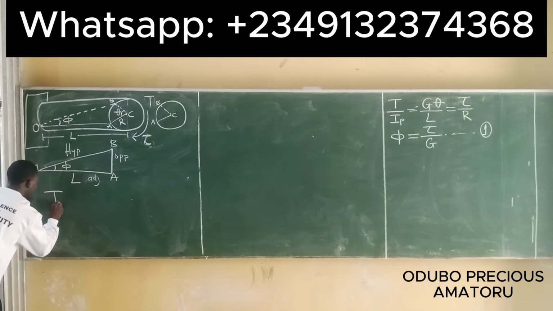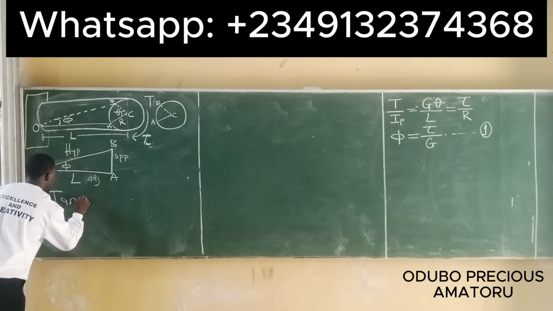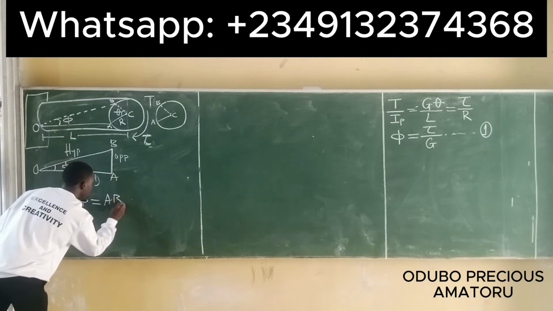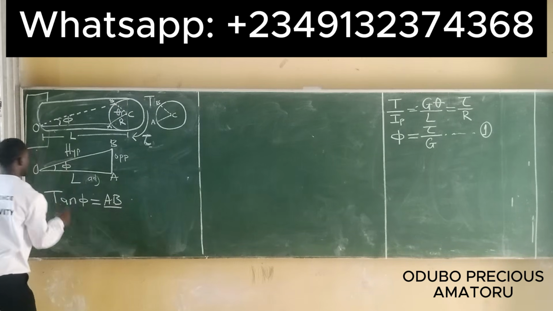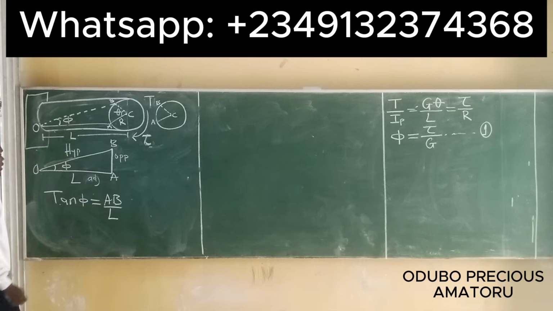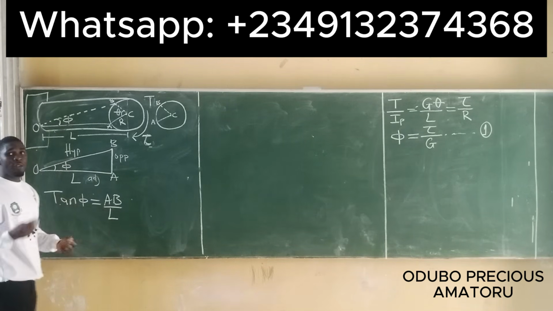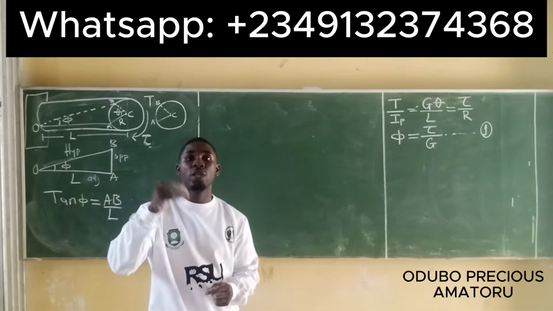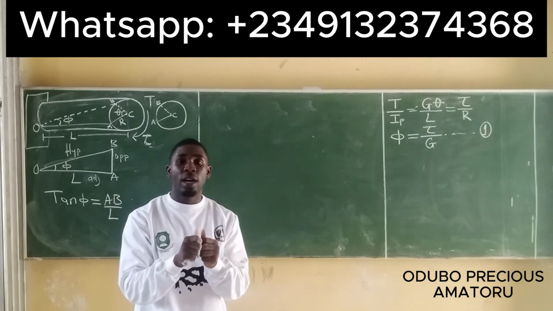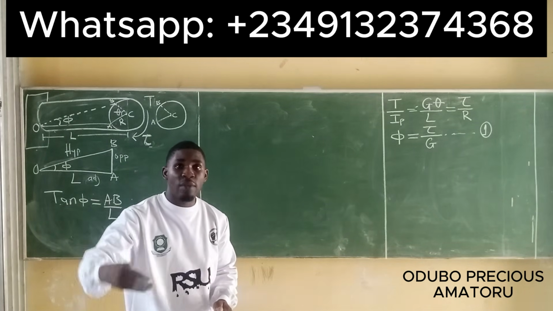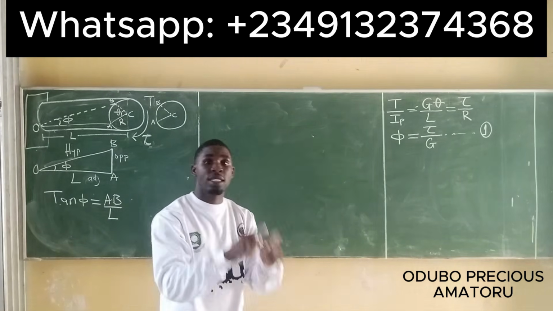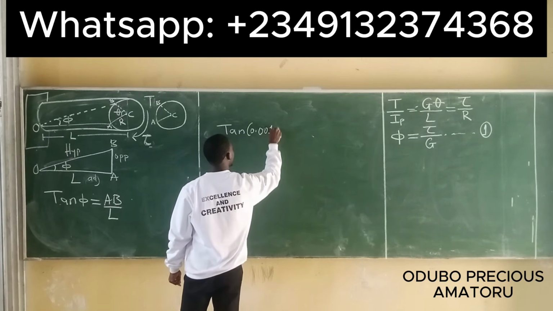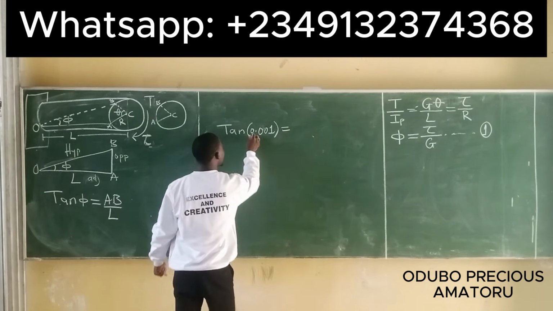So we have that tan phi is equal to opposite, that is AB, all over adjacent, L. Now from this aspect, if you pick up your calculator and theta is very small, let's say theta is 0.001, if we punch in tan 0.001, what you are going to have as your result will be very close to what you put in as theta.